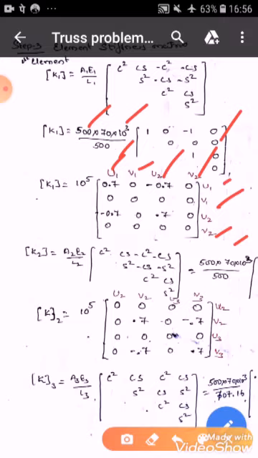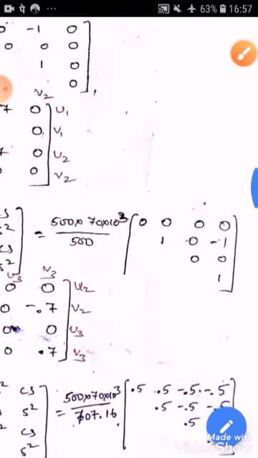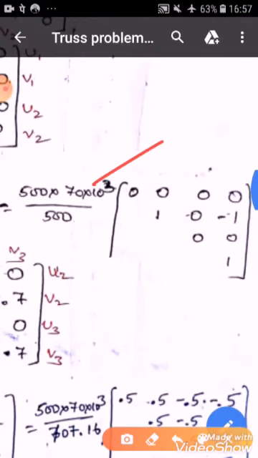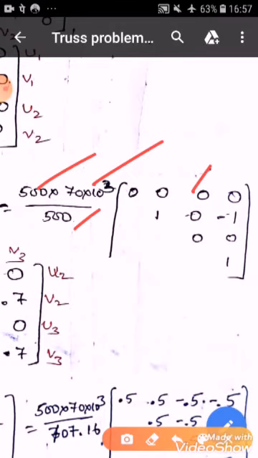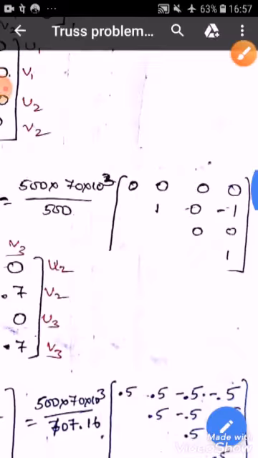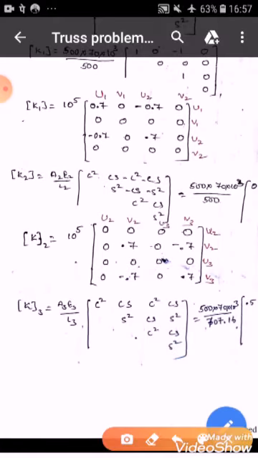Similarly, you need to write the stiffness matrix for the second element, A2 E2 by L2. Substitute these values of A2 E2 by L2 and your C square, CS values. Now your element 2 is between node 2 and 3, so substitute all those things and simplify it, and its displacements are U2 V2 U3 V3 on both the columns and rows. All those things have to be written.